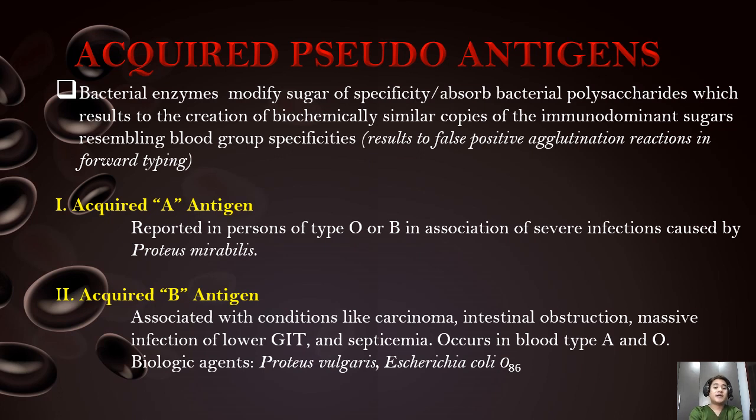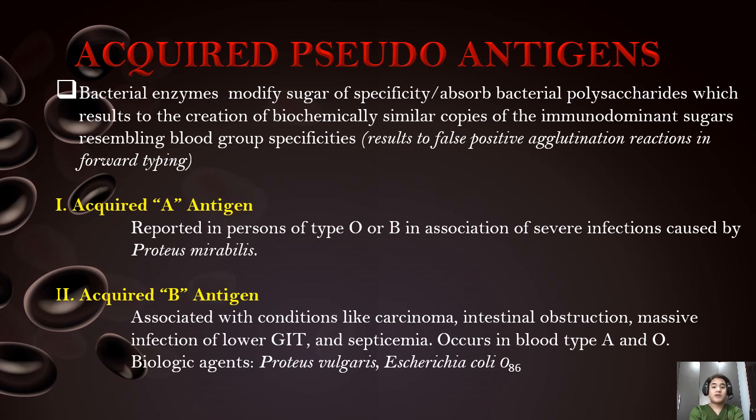Actually, class, acquired pseudoantigens appear to be of iatrogenic cause of gastrointestinal origin, meaning when your normal physiology is altered due to certain conditions like underlying carcinoma of the colon, gastrointestinal infections, GIT or gastrointestinal obstruction, also septicemia or any other intestinal disease that results in dramatically slowed gastrointestinal motility, which now facilitates the portal of entry of your GIT normal microbiota to your bloodstream via intestinal capillaries or your lacteals. And we'll be discussing this in just a moment.